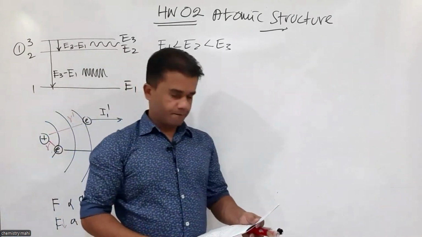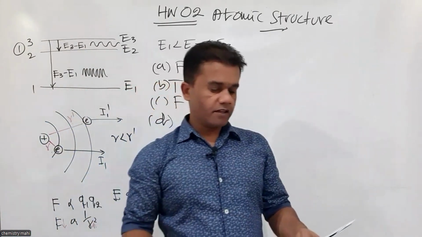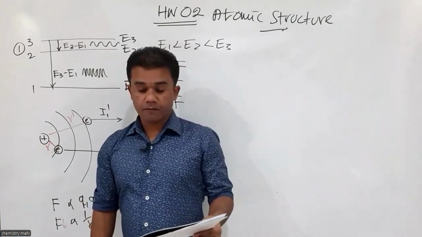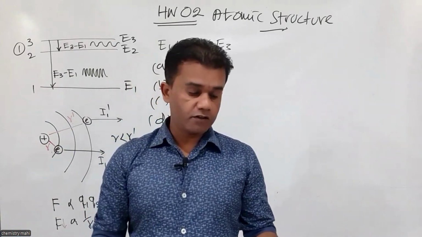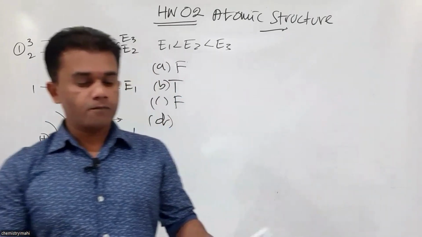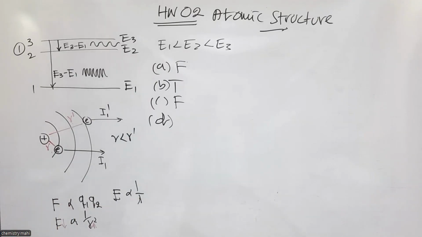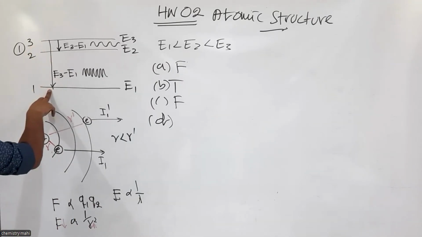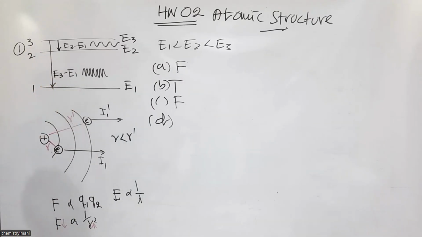What about D then? The wavelength of light emitted when the electron returns to the ground state from 3 is the same as the wavelength of that absorbed to go from, of course. If the electron returns from 3 to 1, the energy released will be E3 minus E1.